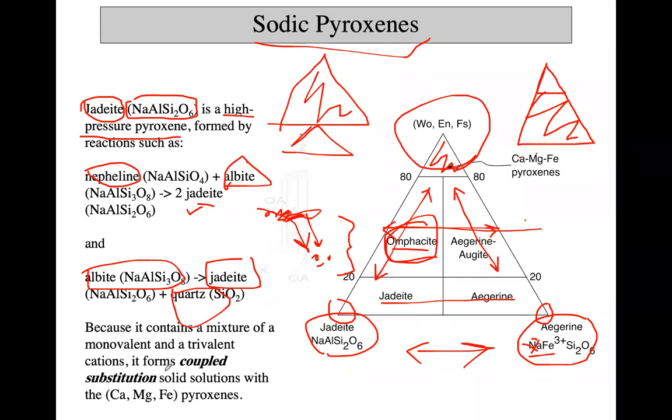So these cations can be replaced in a mixture of settings. For example, monovalent cations, because sodium is monovalent, and trivalent ferric. We said that this is ferric, this ion. So they substitute into the structure at once. You have sodium substitution, and at the same time you have ferric substitution. That means monovalent substitution and trivalent substitution.